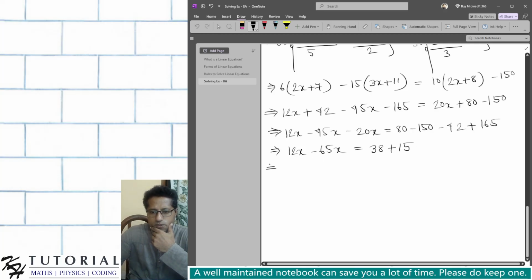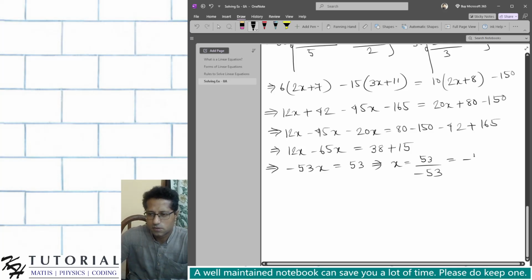So this implies minus 53x is equal to, on the right hand side, 38 plus 15 is also 53. So this implies x is equal to 53 divided by minus 53. This is minus 1.